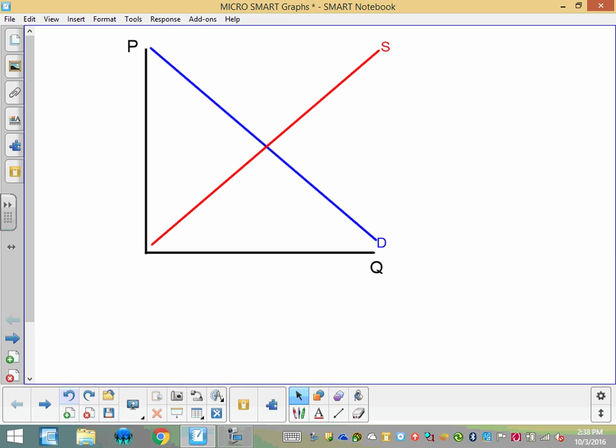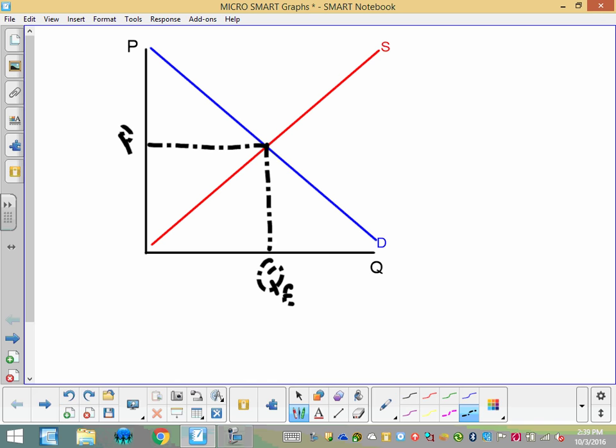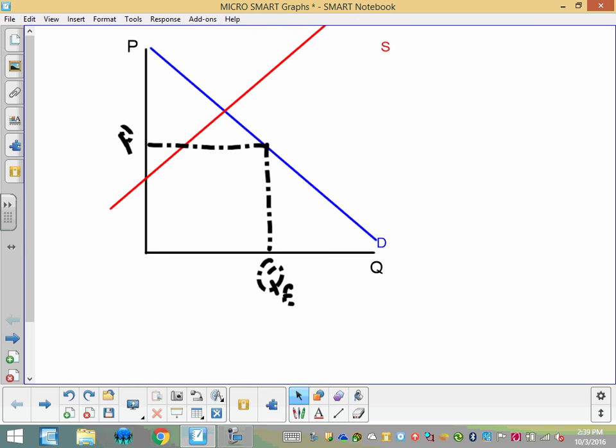Okay, step one. Ink is an input in pen, right? So, step one, and here, I'll go ahead and say the first things you guys do here is put your QE and PE. So that would make the supply increase or decrease? Decrease. Okay? So let's throw elasticity into this. Now, what will that mean will happen to price? Okay?